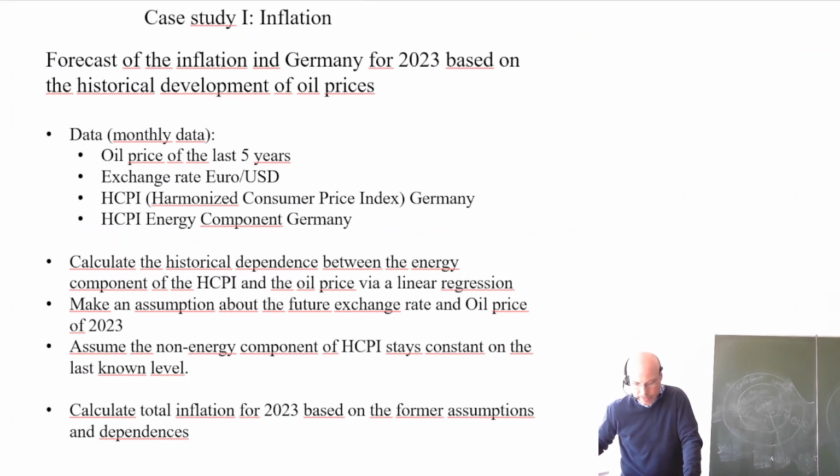So what else? Of course, we need the time development of consumer price indices, and therefore the harmonized consumer price index. And where do you think I can find this time series? Do you have an idea?